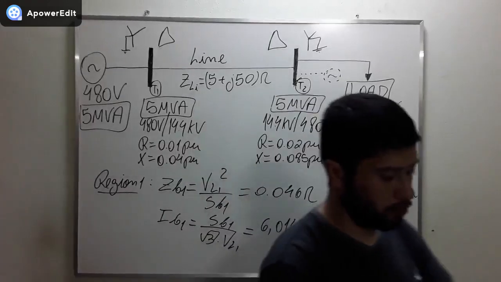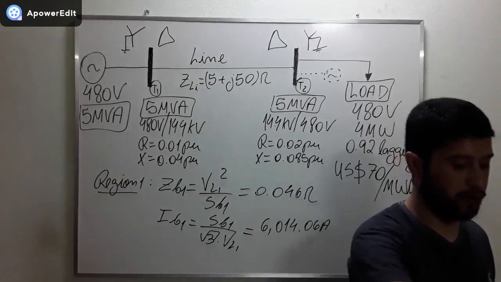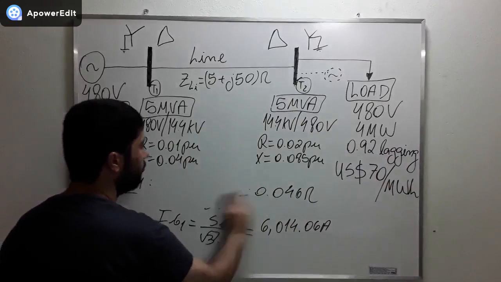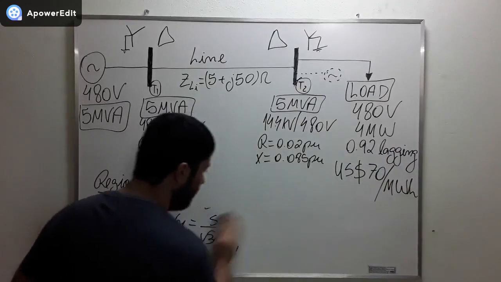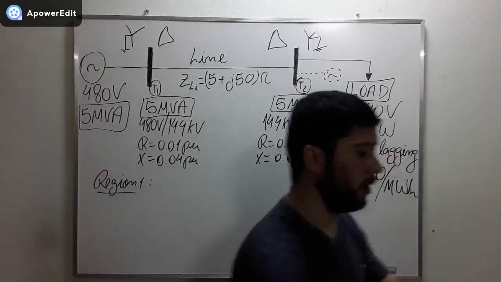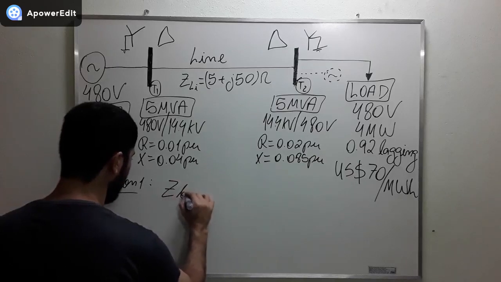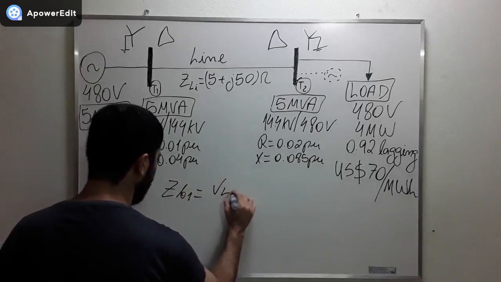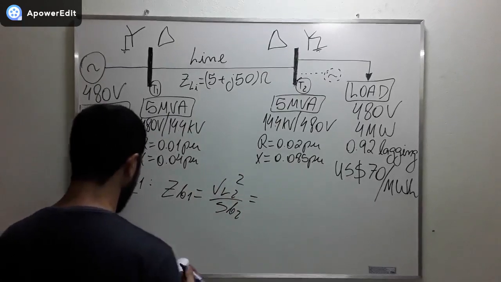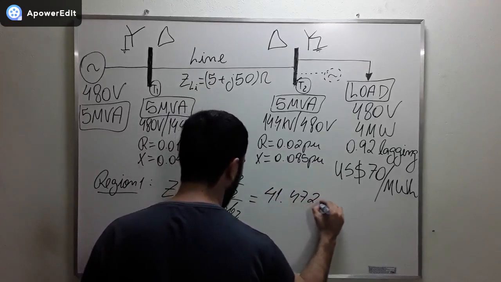Now we need to calculate the base values for region 2. For region 2, we are going to use the voltage of 14.4 kV and the power of 5 MVA. We do the same as we did for region 1, and we find VL2 squared divided by SB2 to be 41.472 ohms.